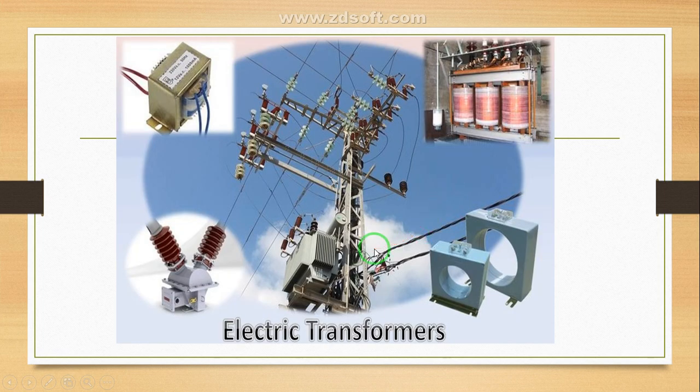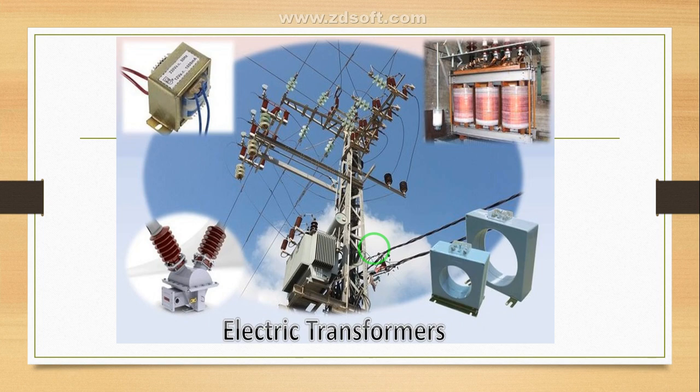Next, electrical transformers. Machines are classified into two types: motors and generators, whether AC motor and AC generator, or DC motor and DC generator.